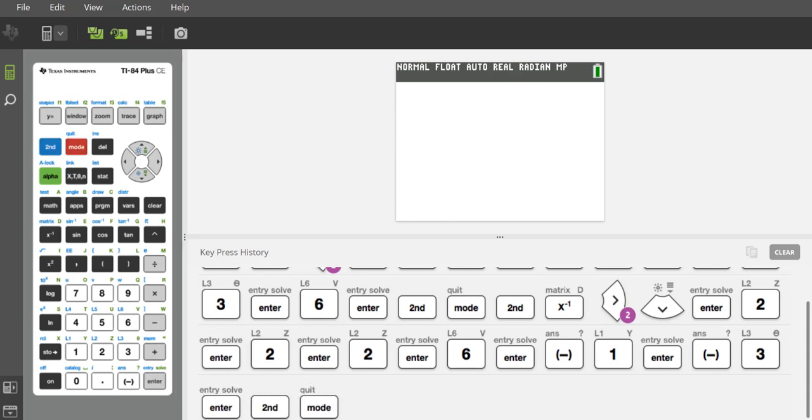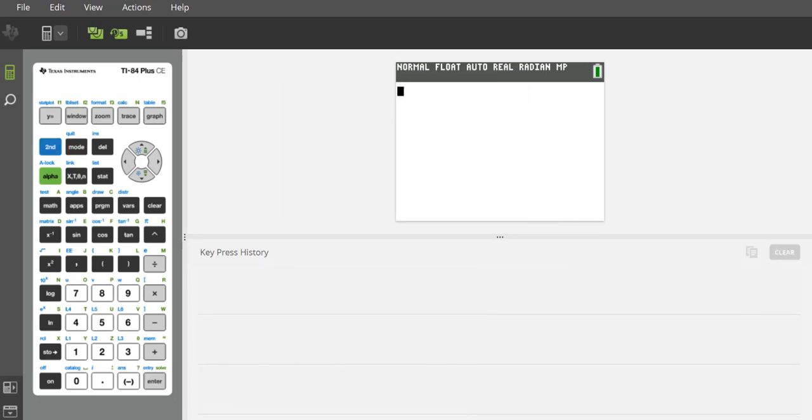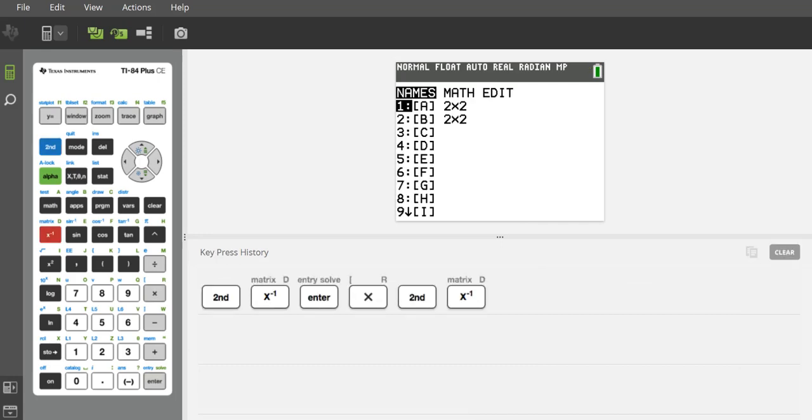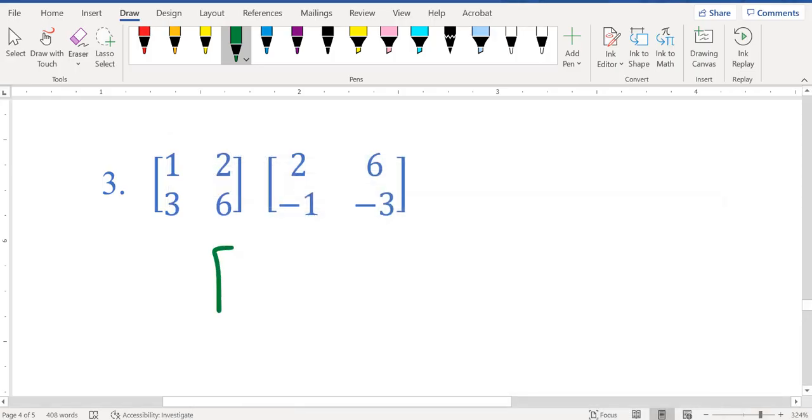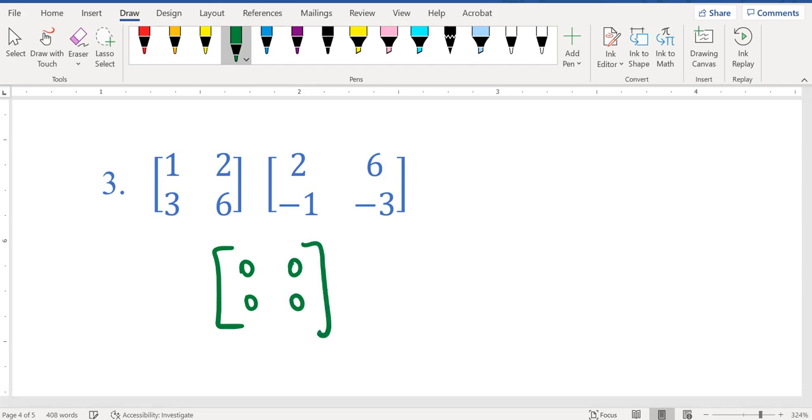Second quit. All right. I want to do matrix A times matrix B. Hit enter. What do you notice? I get the 0 matrix, 0, 0, 0, 0.